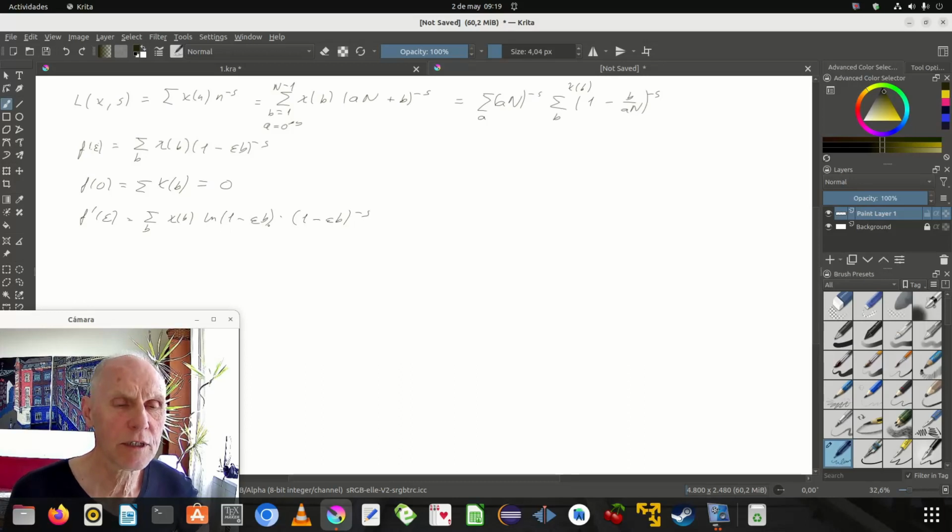And then times this differentiated, which gives minus b. This is annoying. Well, let's expand this, or write it in another way. b chi of b ln 1 minus.